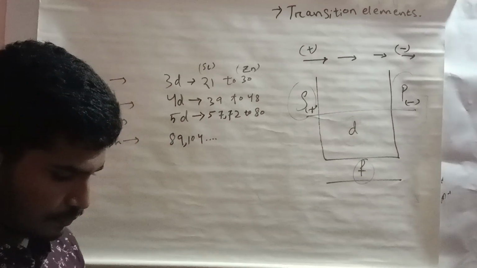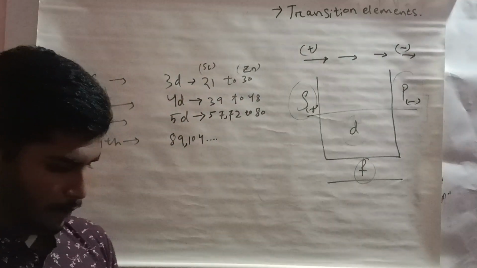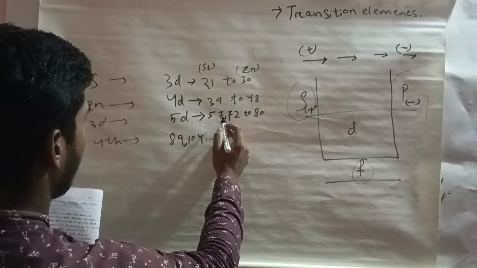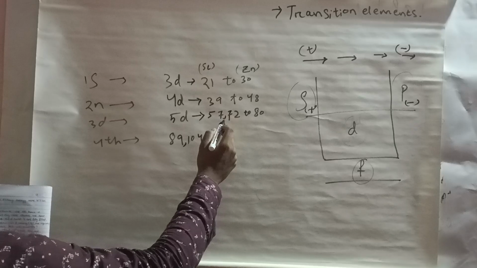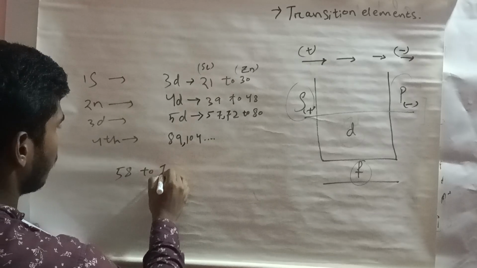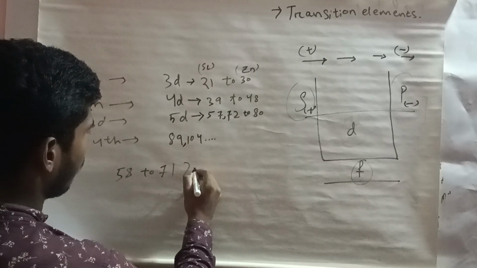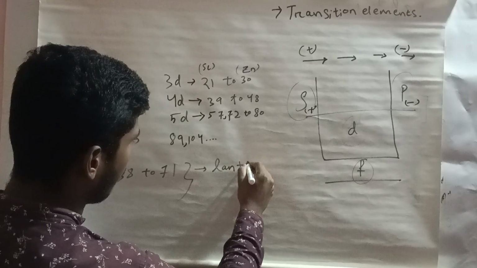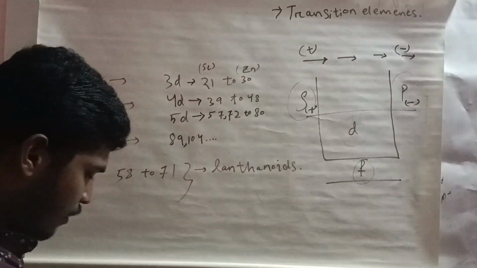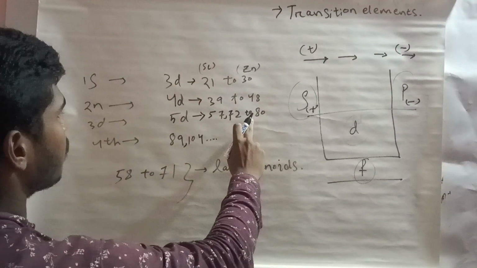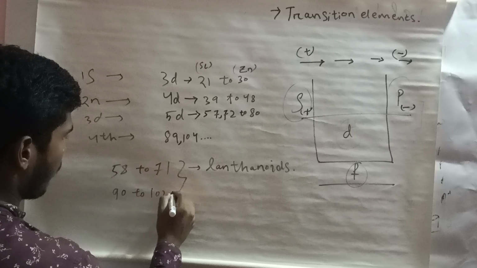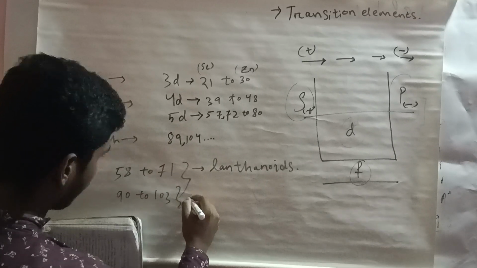Now see, 58 to 71, that is 58, 59, 60 to 71, is known as the lanthanoids, and 90 to 103, I think these are the actinoids.